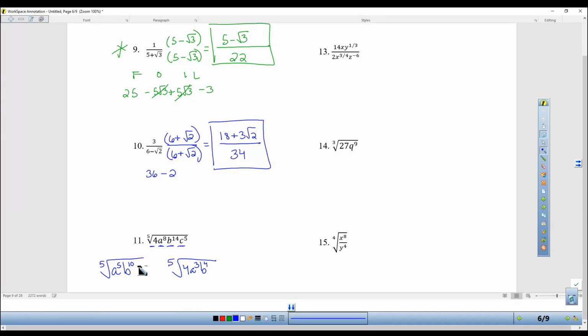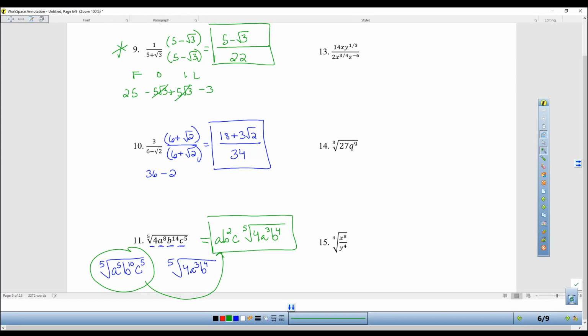And then of the c's, all 5 c's can be simplified, and there's no c's left here. So my final answer, when I simplify this, is going to be a, b squared, c, 5th roots of 4a cubed b to the 4th. So we're separating it into parts we can do and parts we can't.